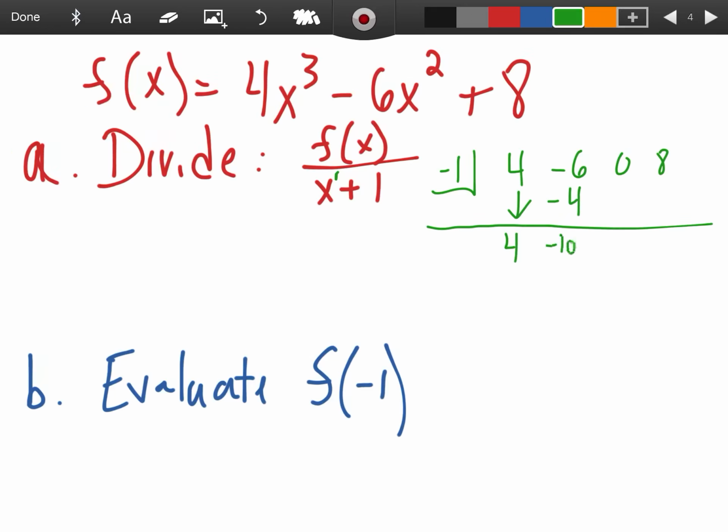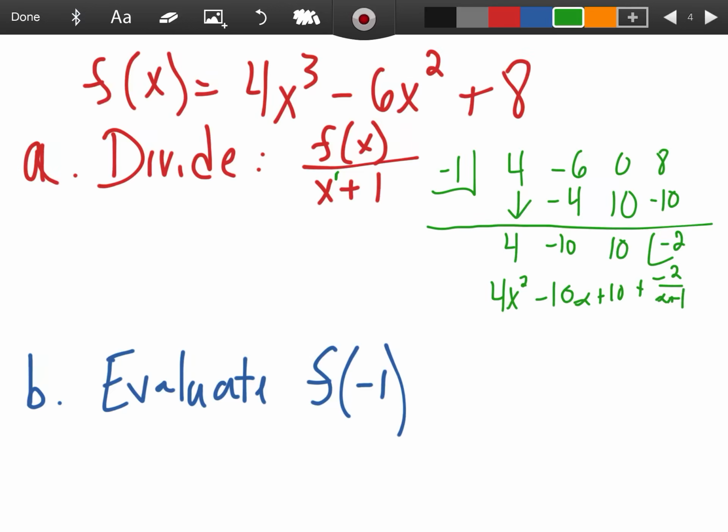Negative 10 times negative 1 is 10. 0 plus 10 is 10. 10 times negative 1 is negative 10. And then 8 plus negative 10 gives me a negative 2. I could write this out as 4x squared minus 10x plus 10, plus a negative 2 over x plus 1.